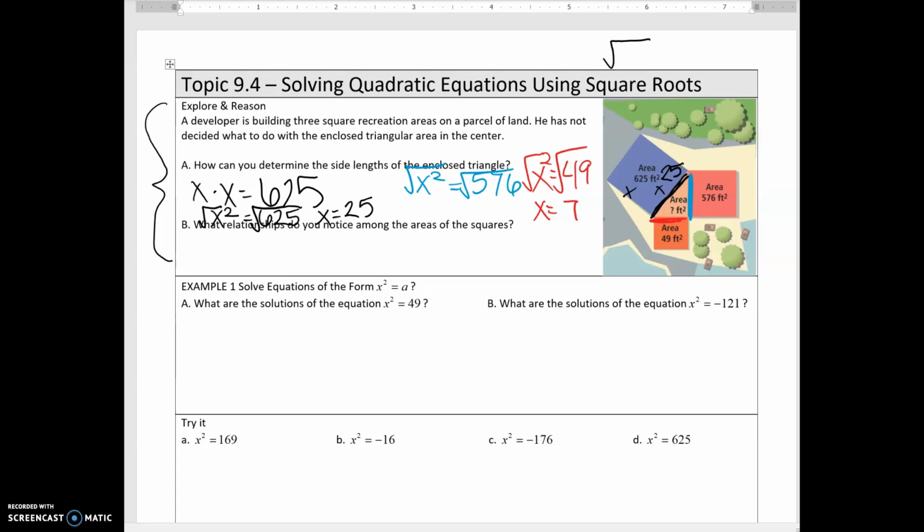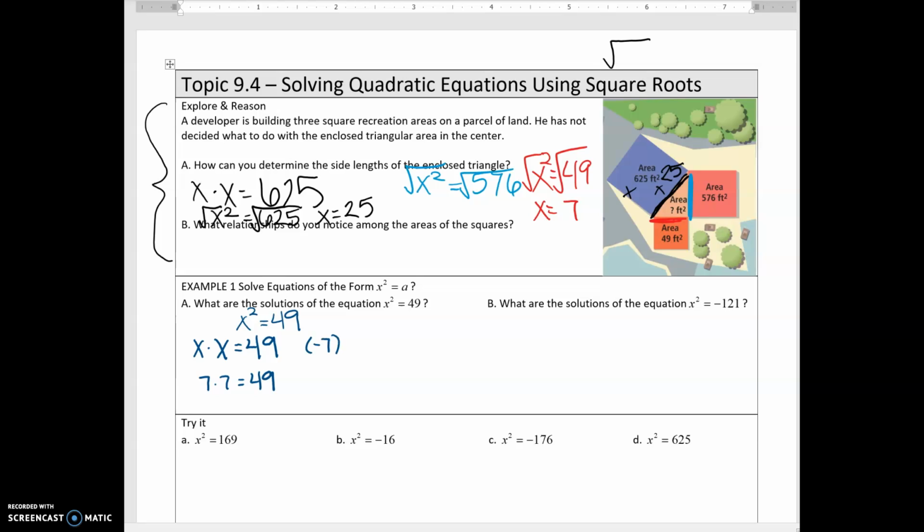And so the first thing we're going to do is solve equations that are just like the ones up here, where you have x squared equals a number. So we have that x squared equals 49. And so we want to know what times itself equals 49. So up here we said 7. 7 times 7 is 49. However, there's another option.